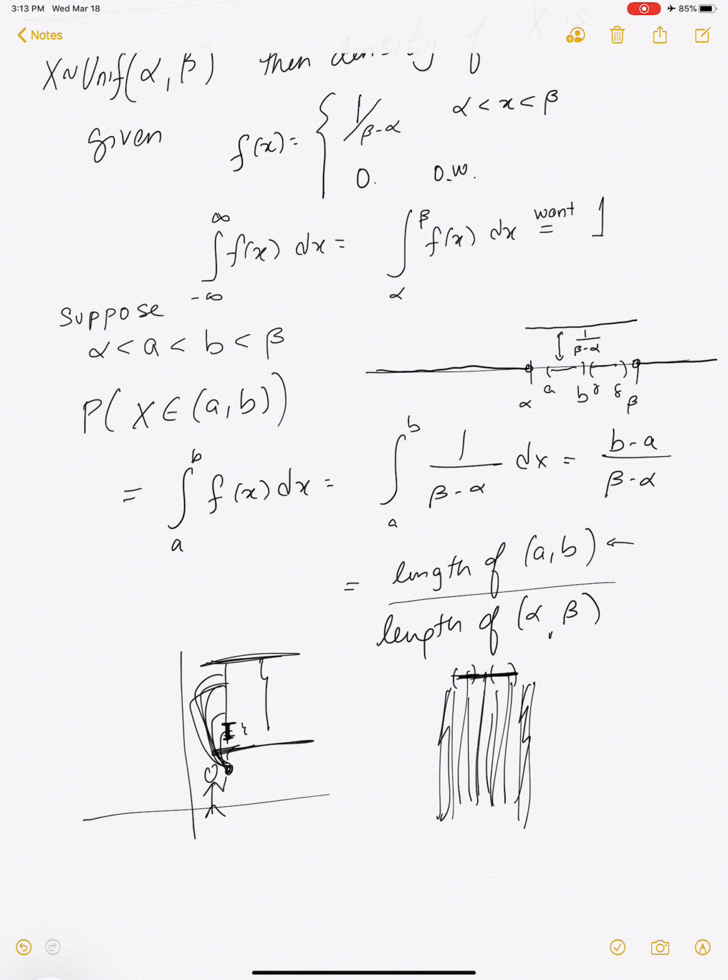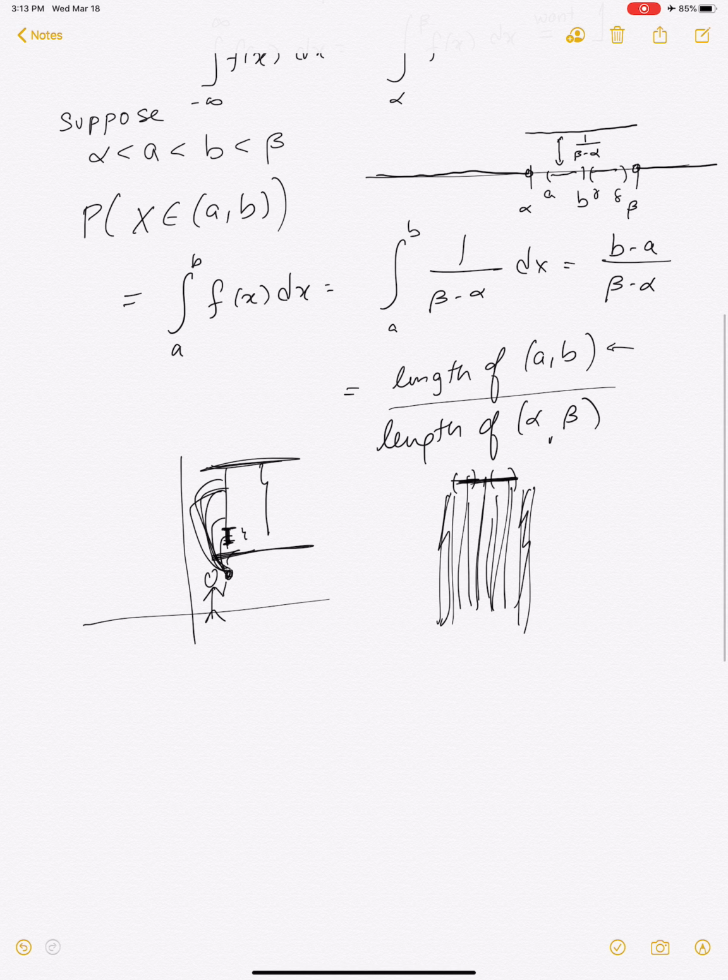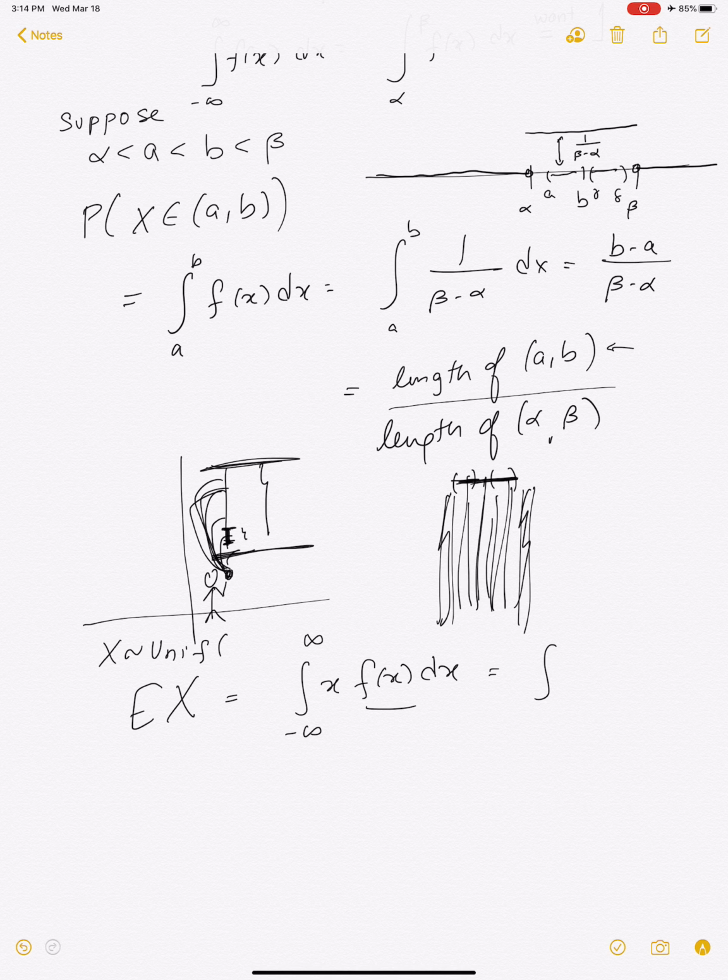All right, and we have seen the expectation of x, we saw it when it was 0, 1. What's the expected value of x? Well, that'll be the integral from minus infinity to infinity of x times the density. In this case, because the density is 0 outside of alpha to beta, let's write it in the notation we have.